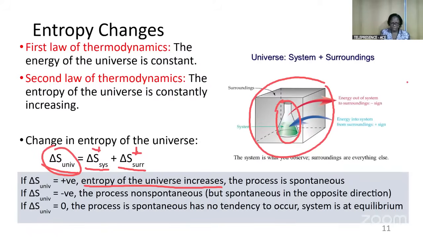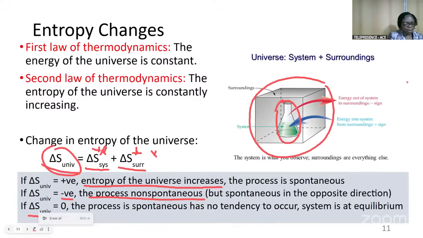This is similar to what we have been discussing about entropy generally, and it means spontaneity. And if delta S of the universe, depending on how you have the system and the surrounding combined, is negative, the process is said to be non-spontaneous. But if you reverse it, it's going to be spontaneous. However, you can also have delta S of the universe equal to 0. In that case, we say the process has no tendency to occur. The system is at equilibrium.